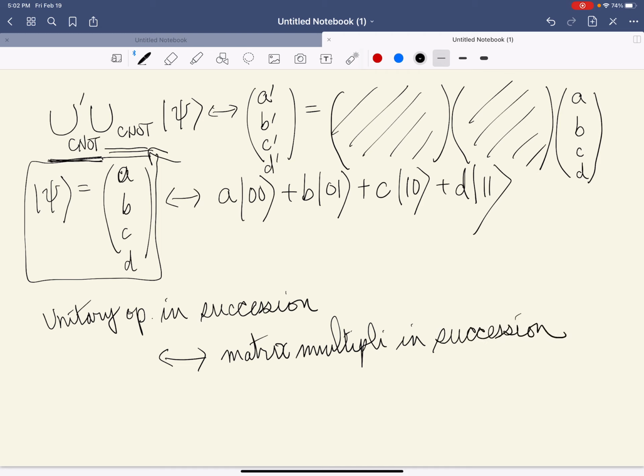So there's this close one-to-one correspondence between a matrix multiplication of linear algebra and unitary operation, which is a physical operation performed on a physical quantum state.